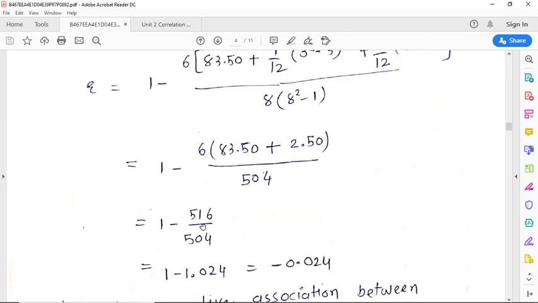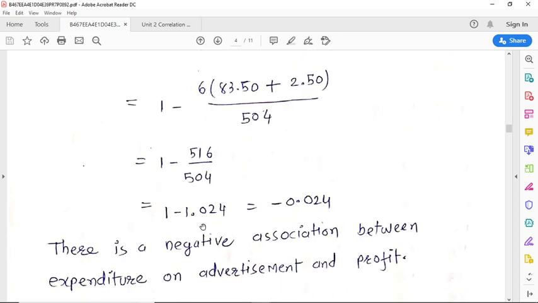Divide by 504 and take the division, so we'll get a negative rank association between the expenditure on advertisement and its corresponding profit. So this is a negative association between expenditure on advertisement and the profit. Okay, so that is the rank correlation for the given data.